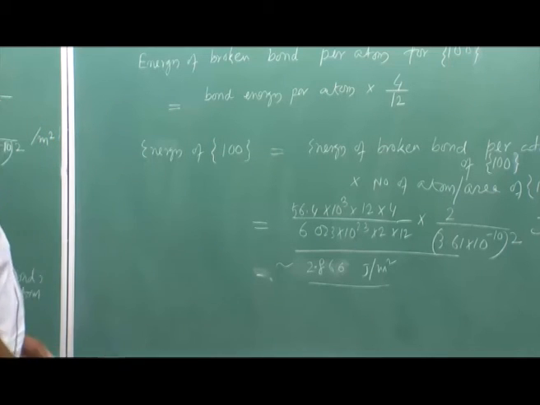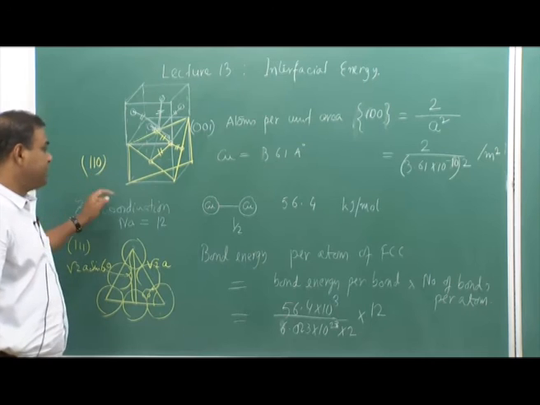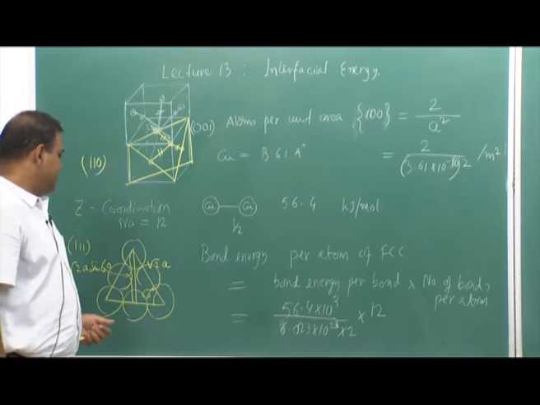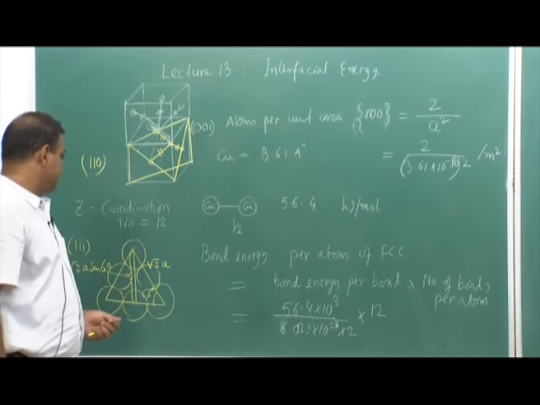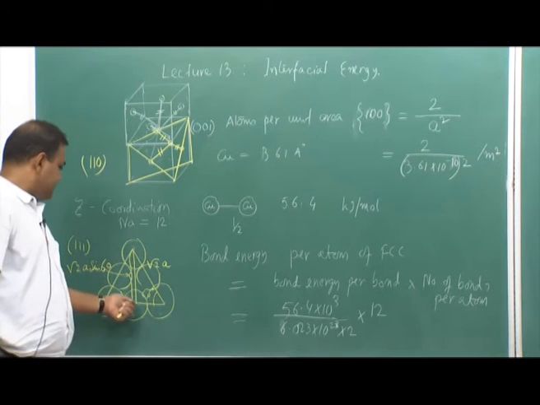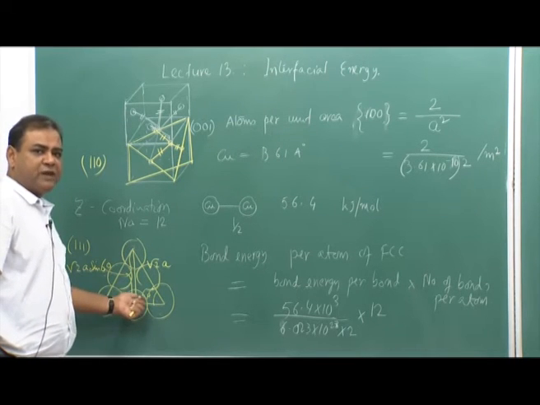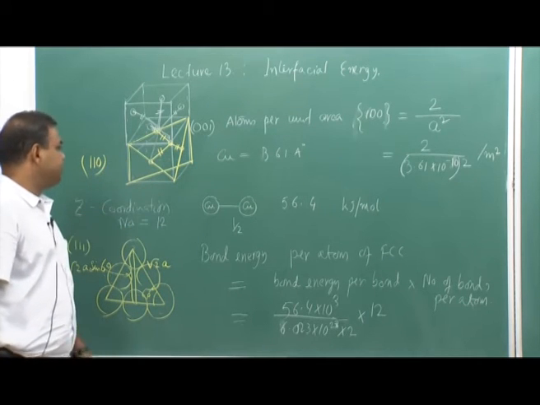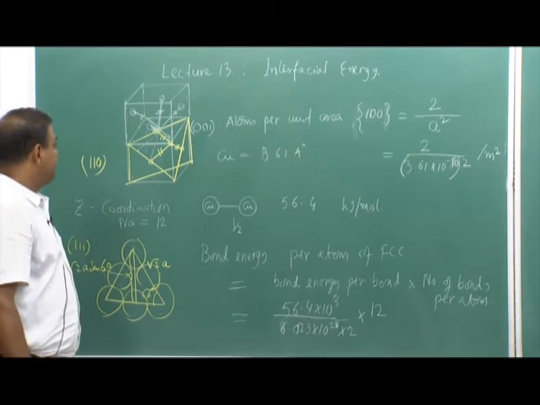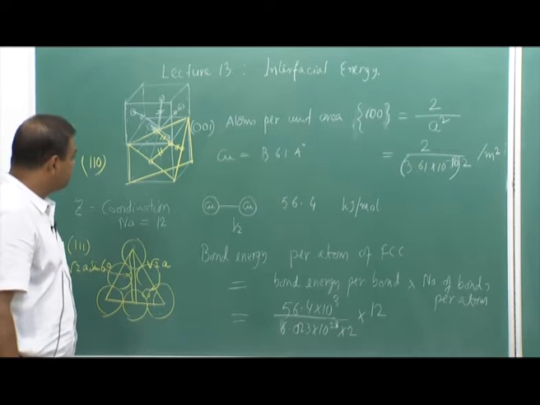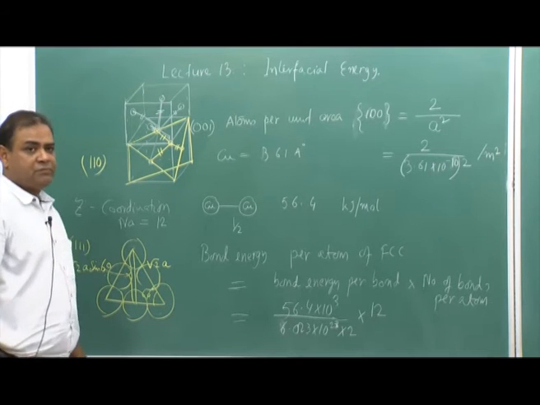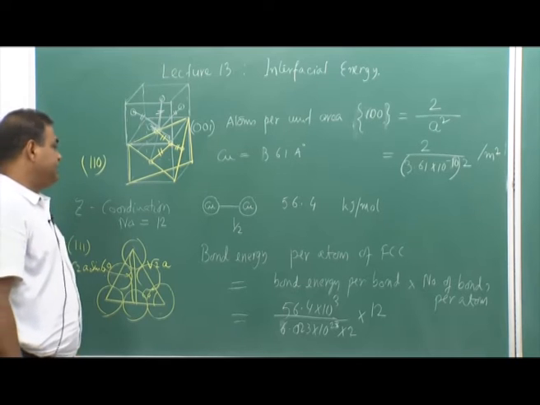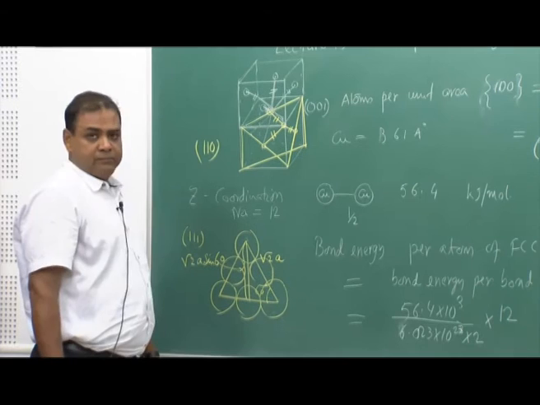So, in a similar way you can calculate for the 111 plane as well as the 110 plane. The only crux is you have to calculate the number of atoms on this plane, on this particular 110 plane. At the same time, you have to also see how many bonds per atom on that particular plane are broken.